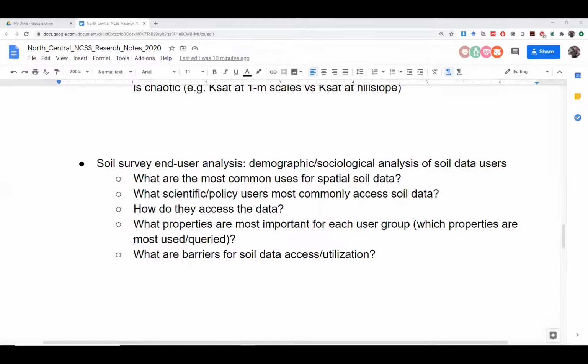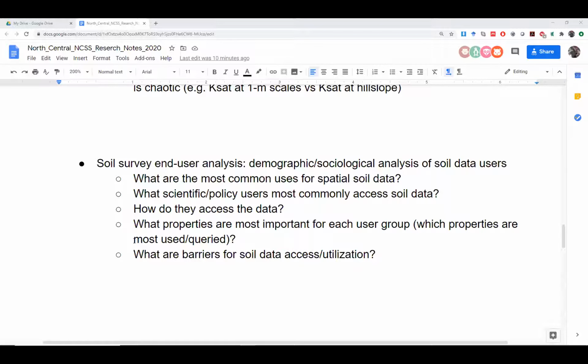So if we are trying to develop a dynamic soil survey to meet the needs of policy makers, what data is most relevant to that group? And is it the same as the data that's relevant to groups who are interested in hydrologic or land surface modeling?